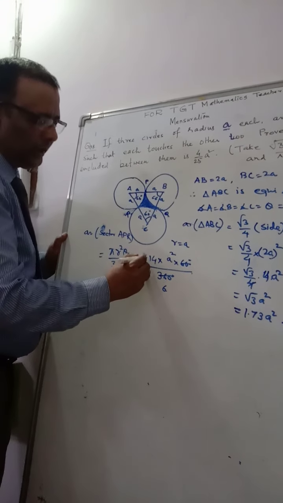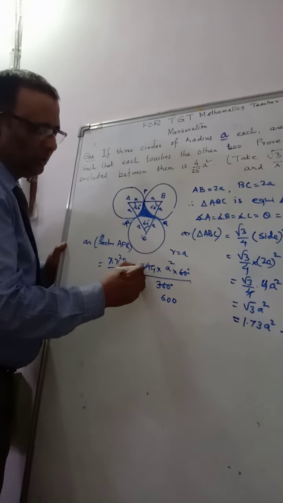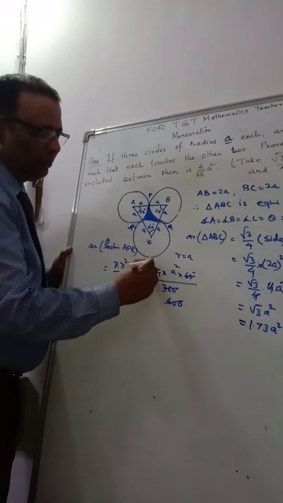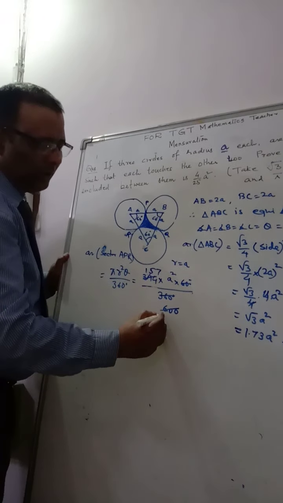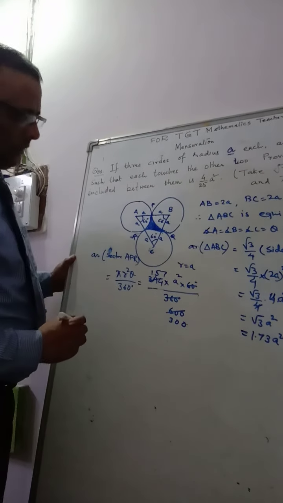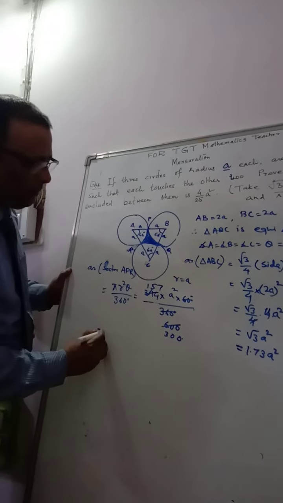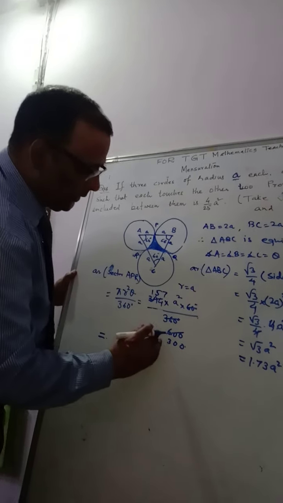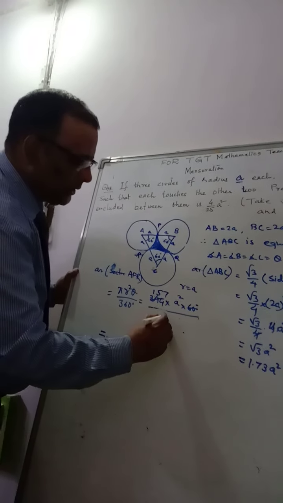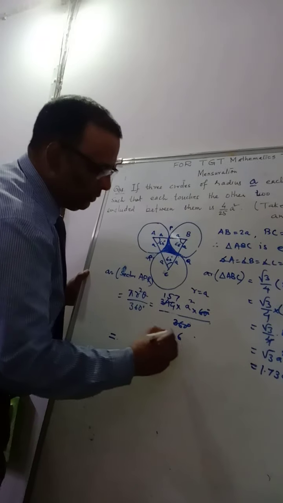Now we can remove the decimal and put in two zeros. The 360 degrees will cancel out by 6 only.